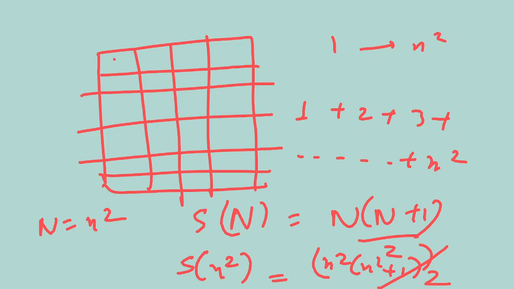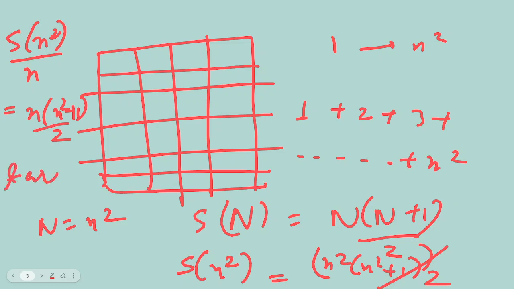Now in order to find the sum of all the elements of a particular row, I'm going to divide that particular sum by the number of rows. And I know the number of rows is how much? n. So just divide by n. In that case, I will get the sum of all the elements of a particular row as n times n square plus 1, divided by 2. So this is basically the target sum which I should seek for every row, every column and every diagonal, right?